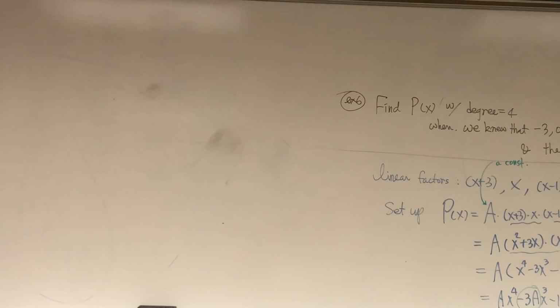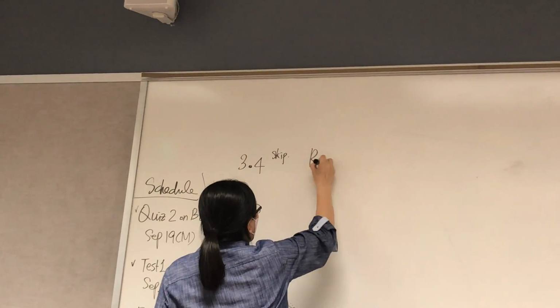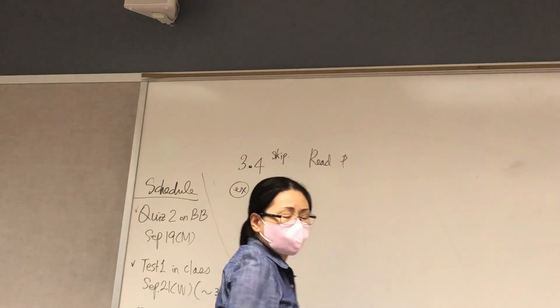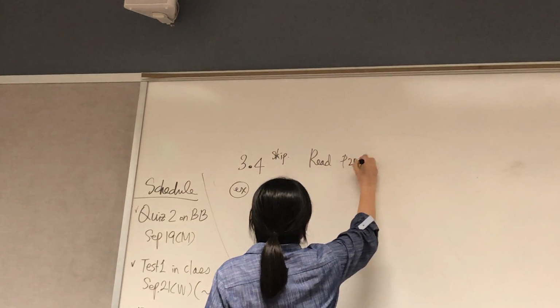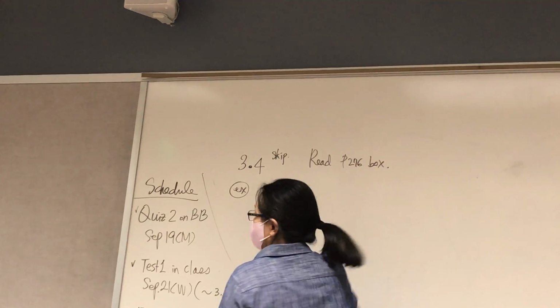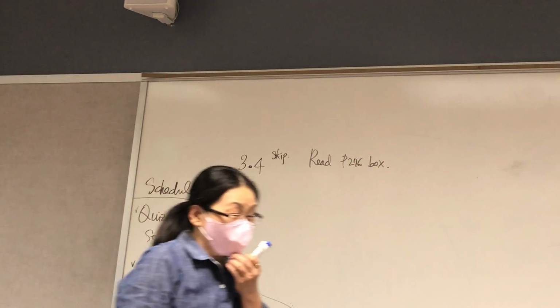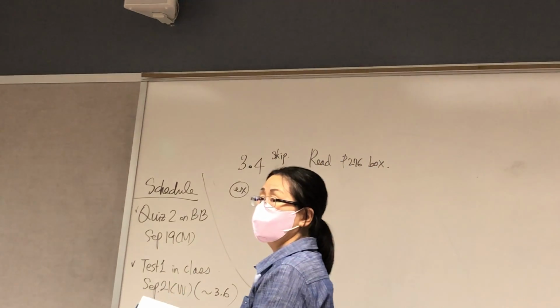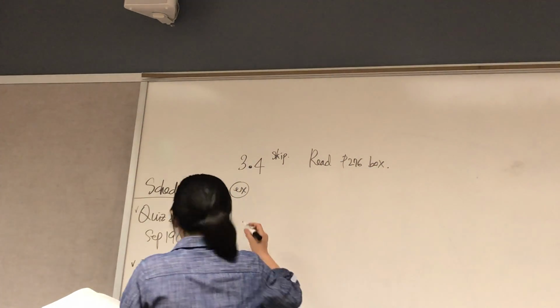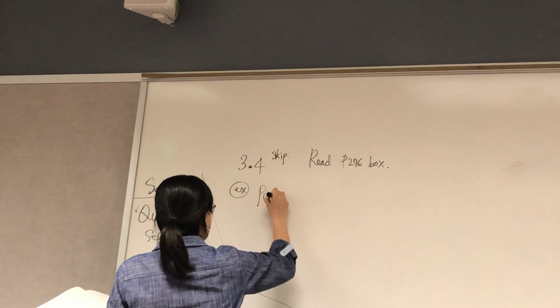I'm going to give you a very simple example. Skip this, but please read page 276 in the box. I will explain what they mean, but I don't ask in the exam because we skipped this section. Why? Too much mess. Not hard, but too messy.